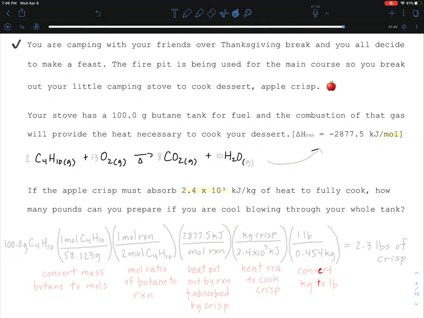In your fire, we'll probably have this in the gas phase. And so the overall enthalpy of this reaction that I got is that value right there, and that is based on water in the gas phase. This is not balanced, by the way, so I'm going to go ahead and balance this.